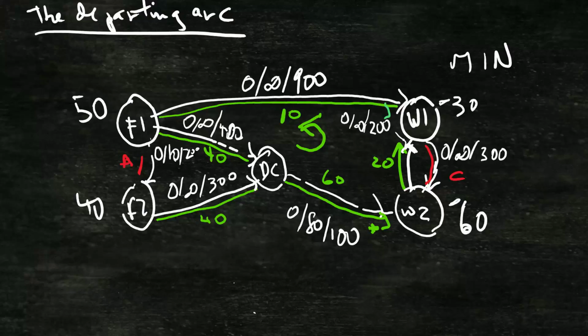and this 60 is going to become 80, and then we hit its upper limit. So at that point where it hits its upper limit, this arrow would have to become a red arrow.